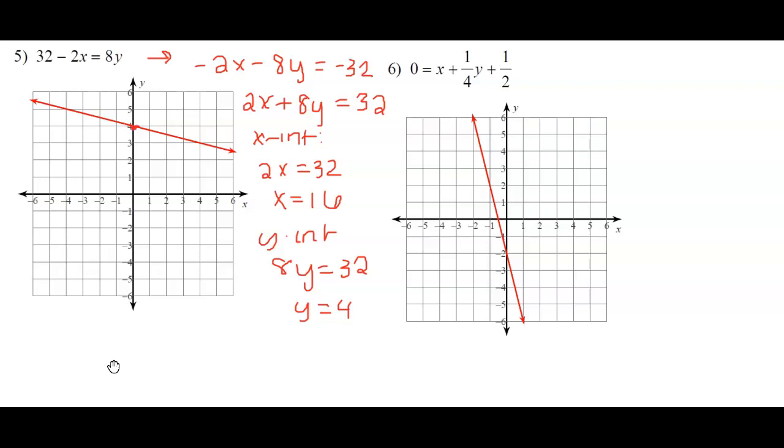And we also know that the slope from standard form is always negative a divided by b. So in this case, negative 2 divided by 8, or negative 1/4. And if you compare our graph, it goes down 1 and right 4.